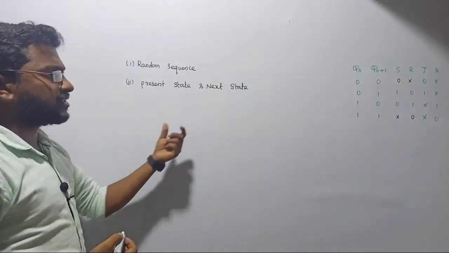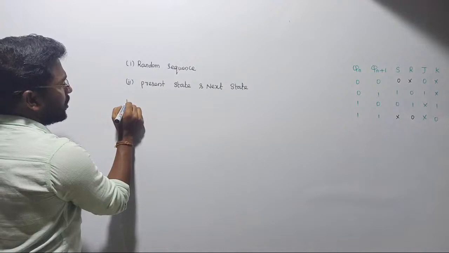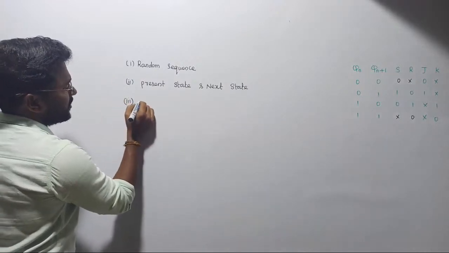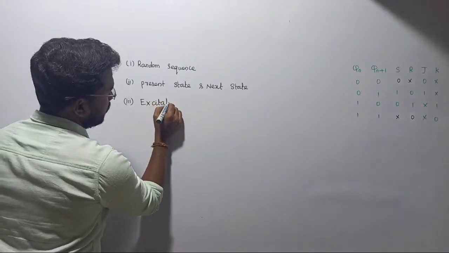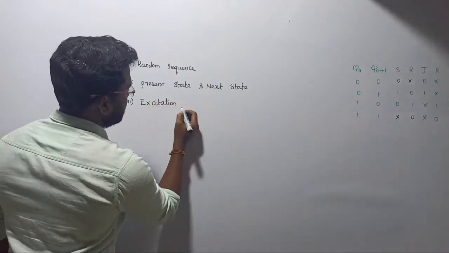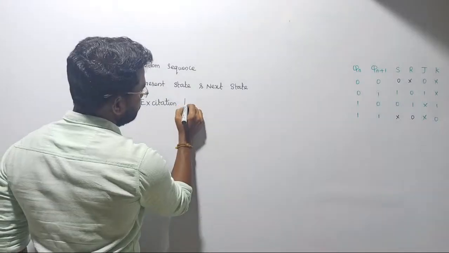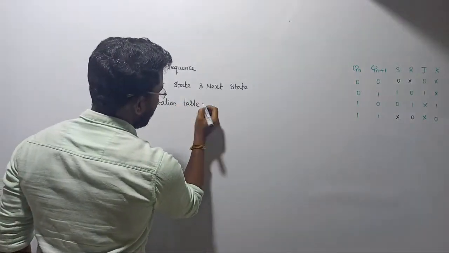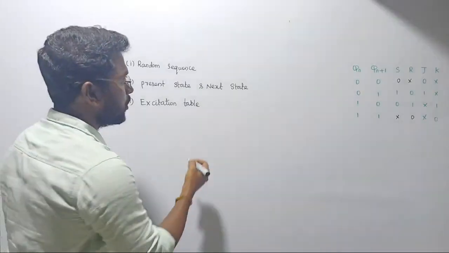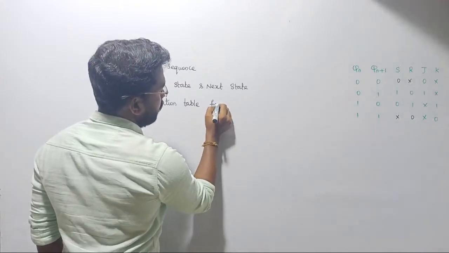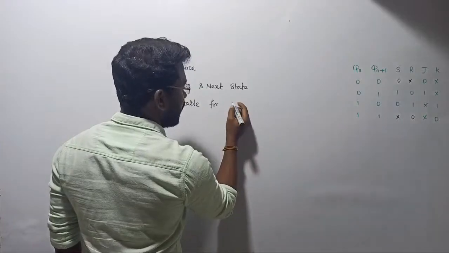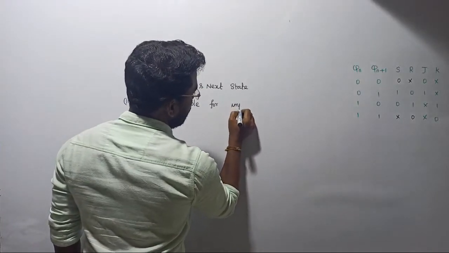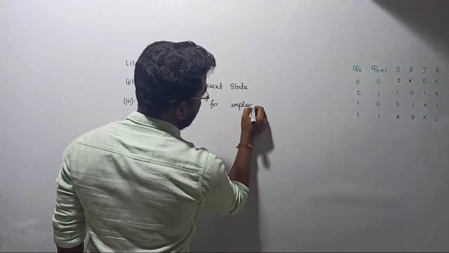Now, after writing present state under next state, you are supposed to write the excitation table. Design the excitation table for the required flip-flop, that is, for the flip-flop that you are going to use. Which flip-flop we are going to use to implement, we will see.